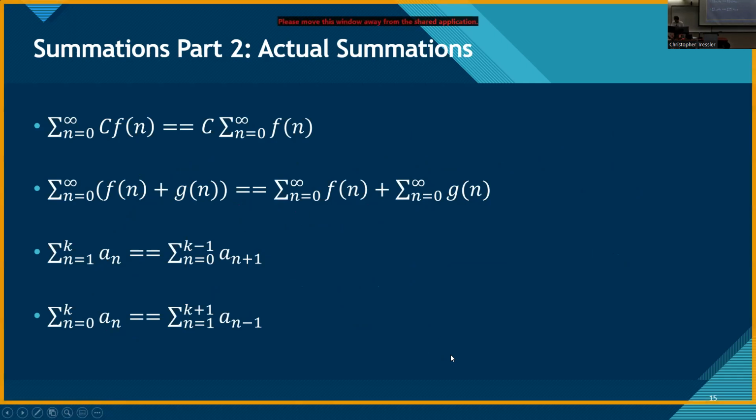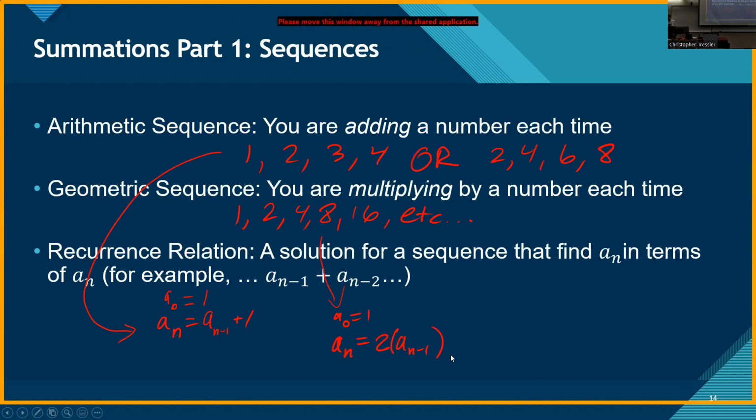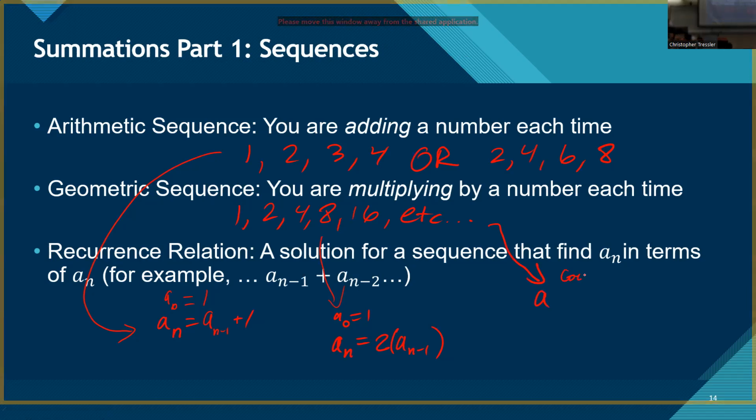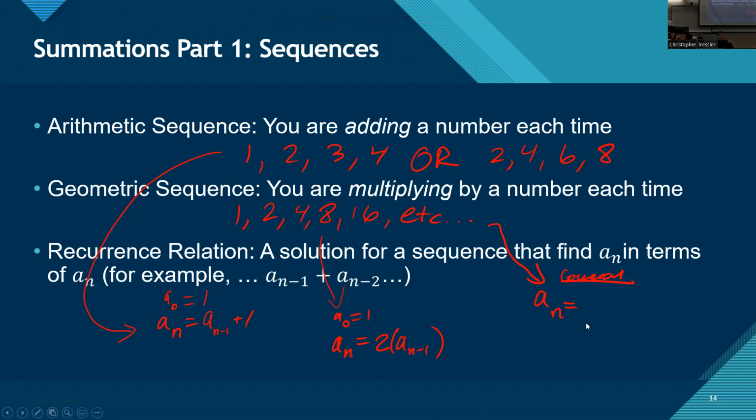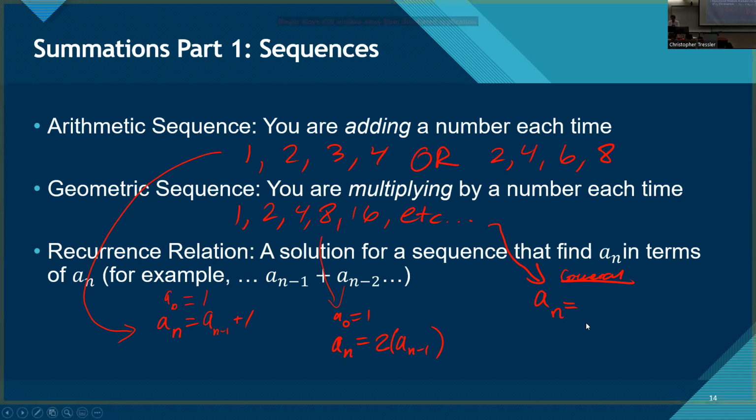Let's see. How would we make a general formula for this geometric sequence right here? a of n is equal to, so let's say, once again, we had a of 0 was 1.